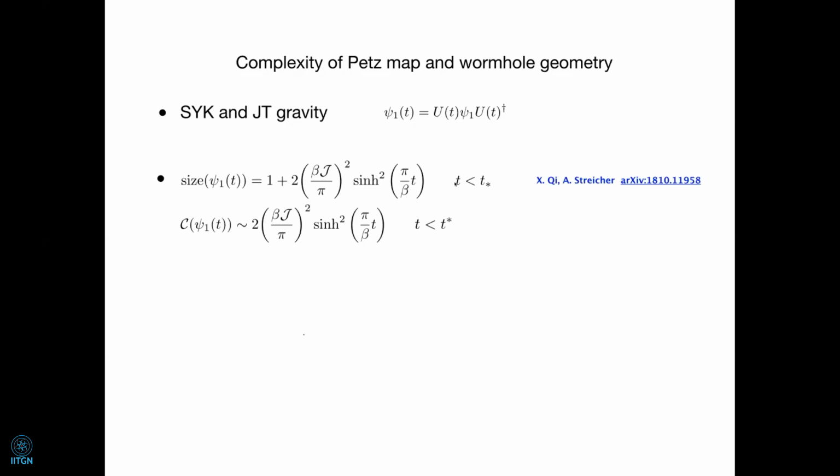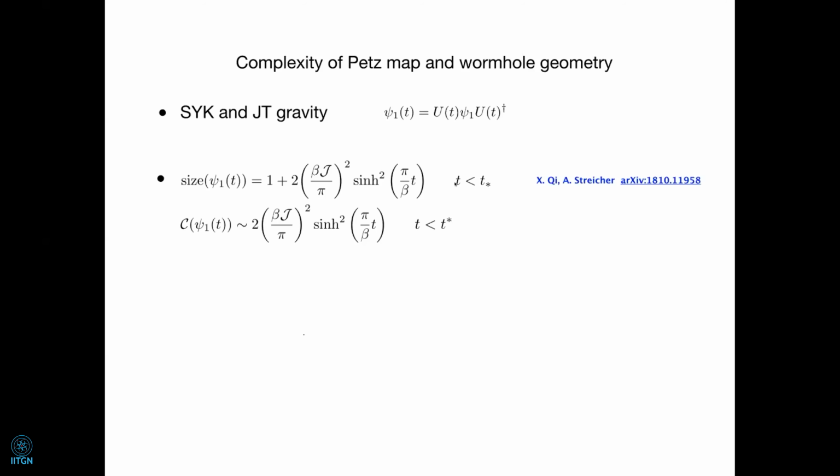Let me briefly comment on the definition. In general, the size of an operator is defined as the average number of fermions contained in this operator. For example, the operator psi_1 has size 1.